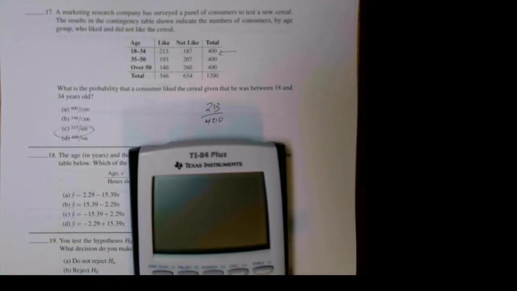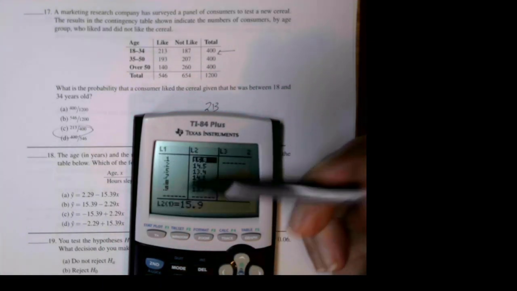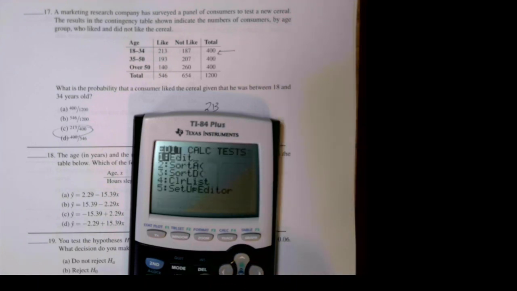Okay, the age in years and the number of hours slept in a day by 6 infants is listed in the table below. Which of the following is the equation of the line of best fit? In other words, the regression line. So we take out our trusty calculator and go to Stat, Edit, and we put ages in X and number of hours slept in Y. And then we hit Stat, go over to Calc, and then down to number 4, LinReg(ax+b). And there it is.